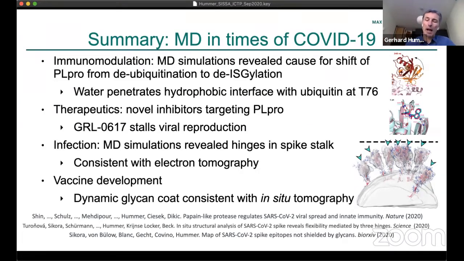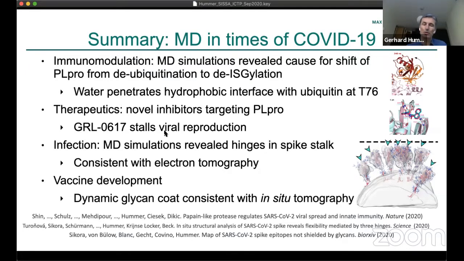Conversely, an increased hydrophobicity, by adding this valine, strengthened the interface with ISG15. I also showed you that MD simulations can help us when assessing and hopefully improving inhibitors that target this process of the protease.